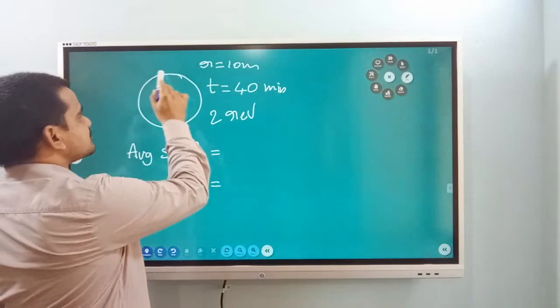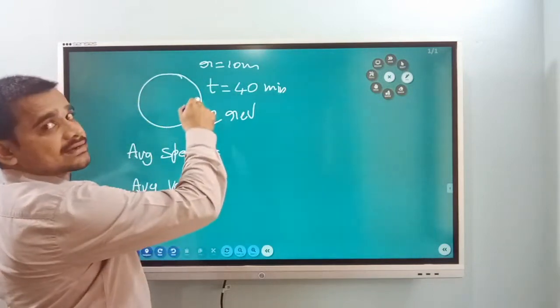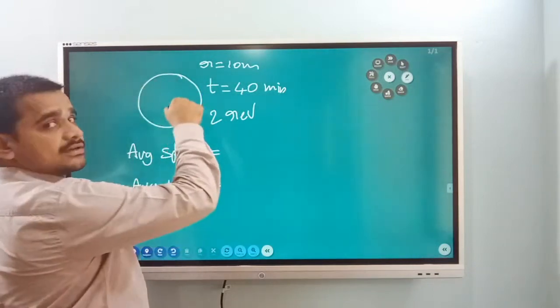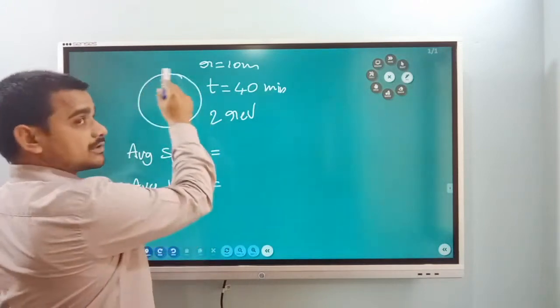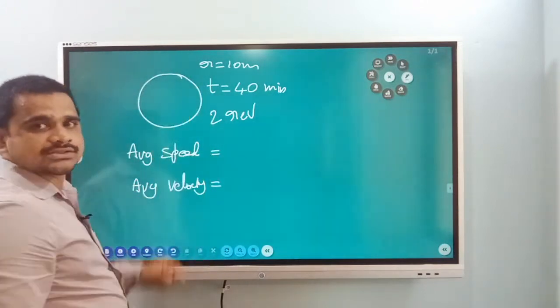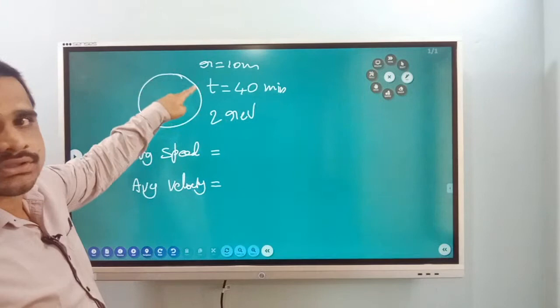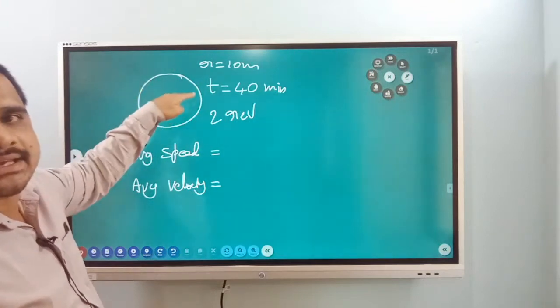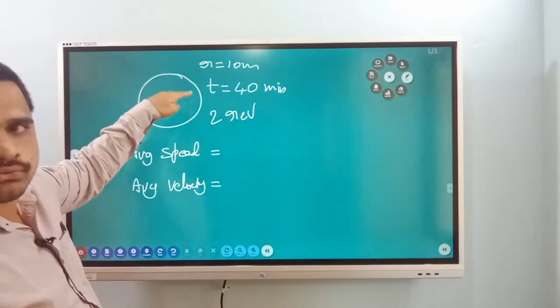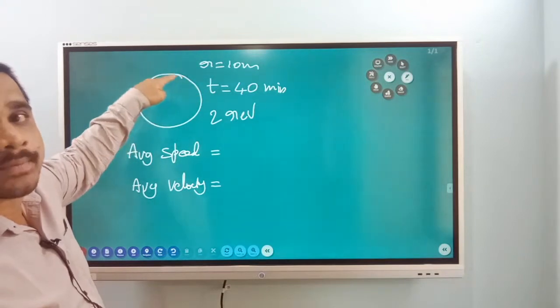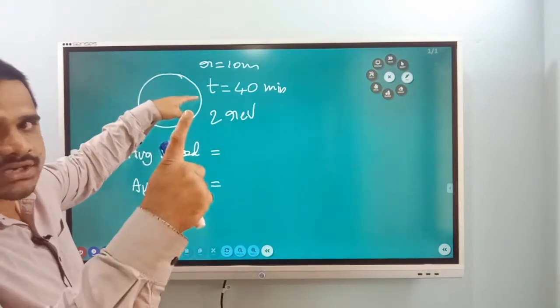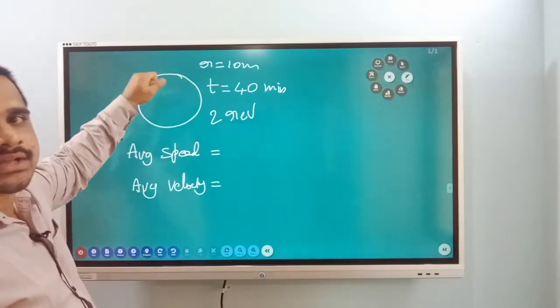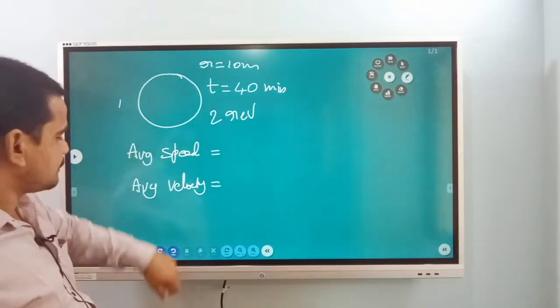For one rotation, what is this distance? 2 pi r. From this position to reach this position again, he will take 40 minutes and the distance traveled is 2 pi r for one rotation. One more rotation he was making.